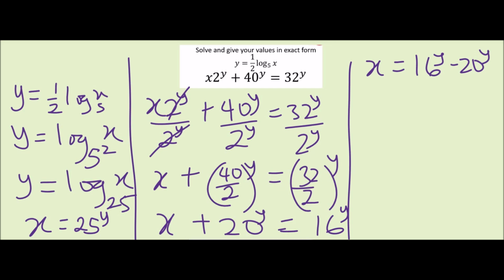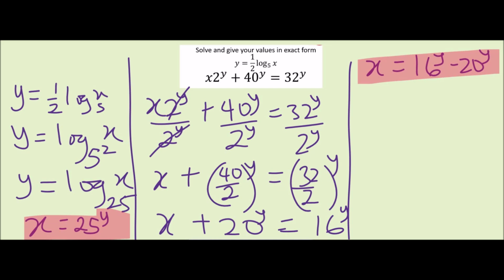I have two equations in which I've made x the subject of formula, given in terms of y. So what I need to do is to equate both of them together. Since this is x equal to 25 to the power of y, and this is also x equal to 16 to the power of y minus 20 to the power of y, I just need to equate both of them together.